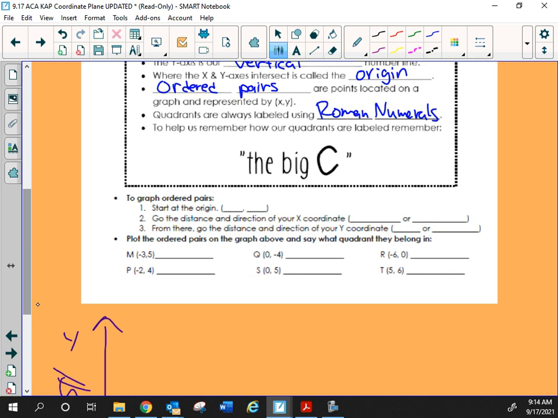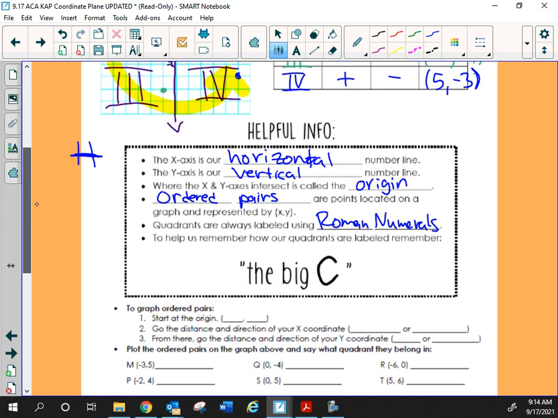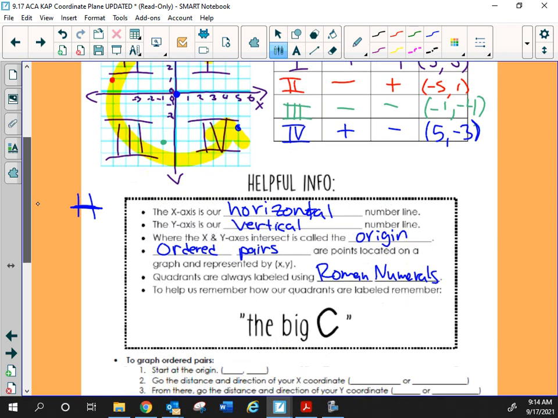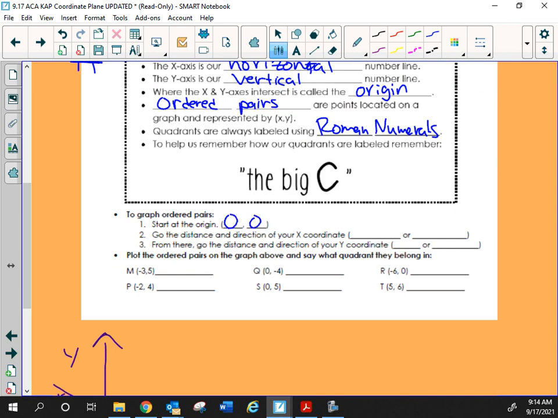Okay, so as Ms. Little's already sort of talked about, to graph ordered pairs, we always start at the origin. Okay, what is the ordered pair for the origin? If it's right here, what is my x value and my y value? Yep, 0, 0. My origin is always 0, 0.